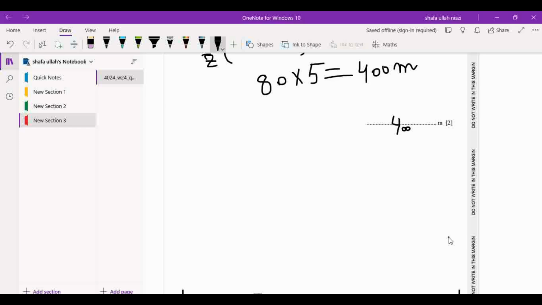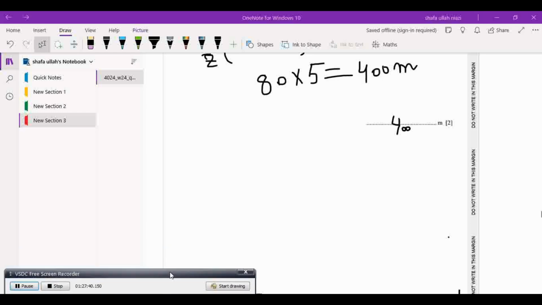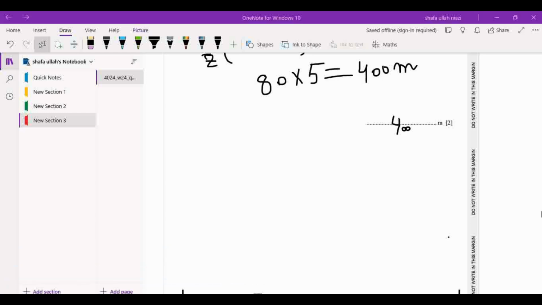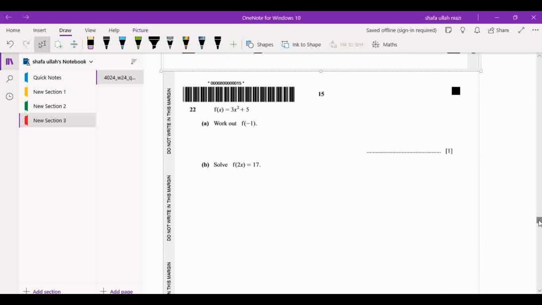Next is question number 22. A function is given, and we have to find the value of that function at x is equal to -1.